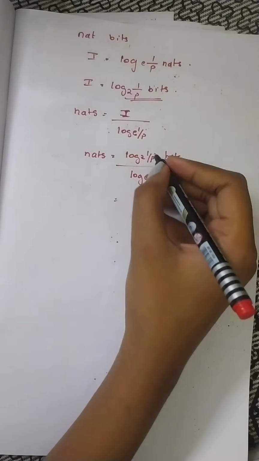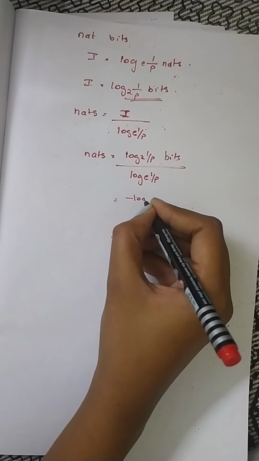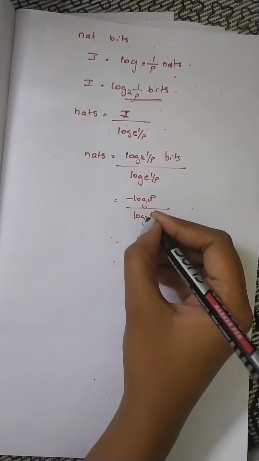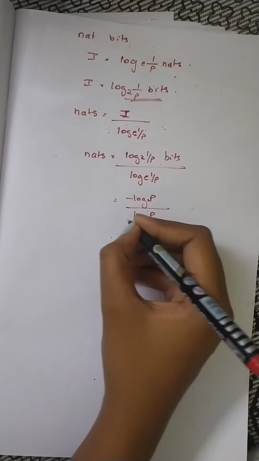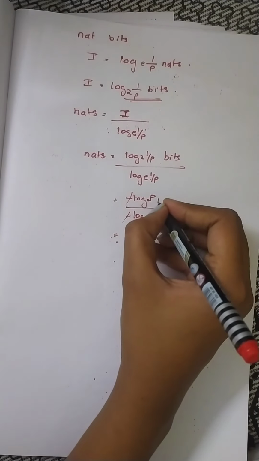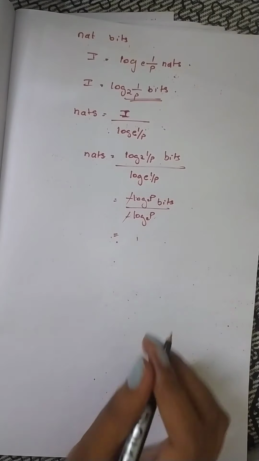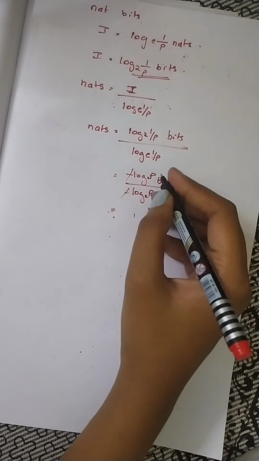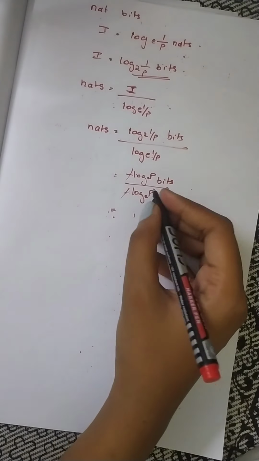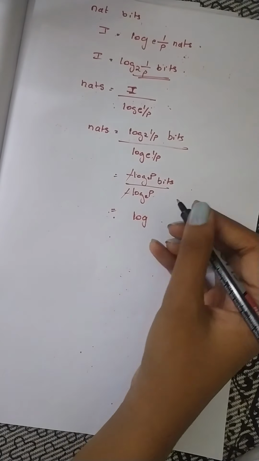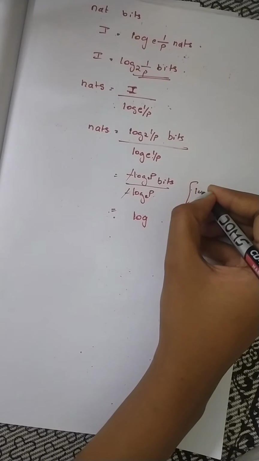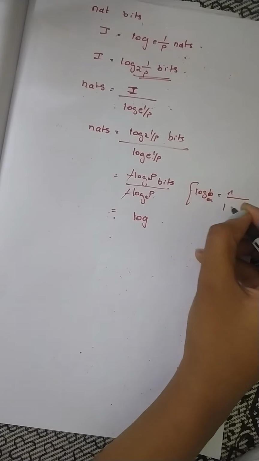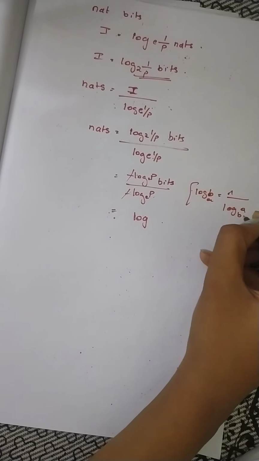Now I can take the minus sign out, and log P to the base e gets cancelled, and here is bits. Now again use the previous method, this formula, log b to the base a is equal to 1 by log a to the base b.